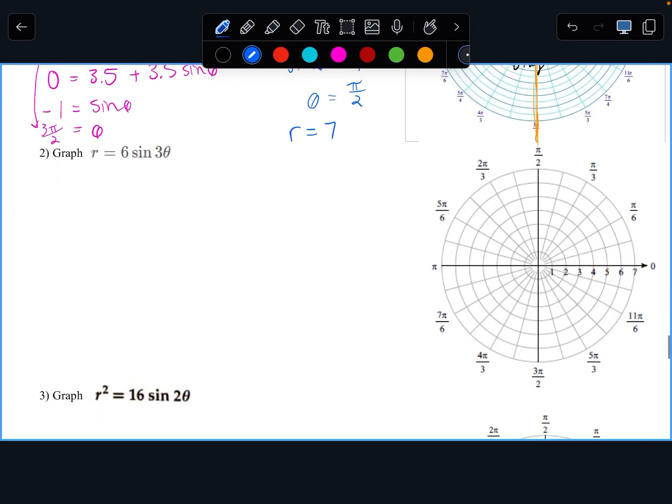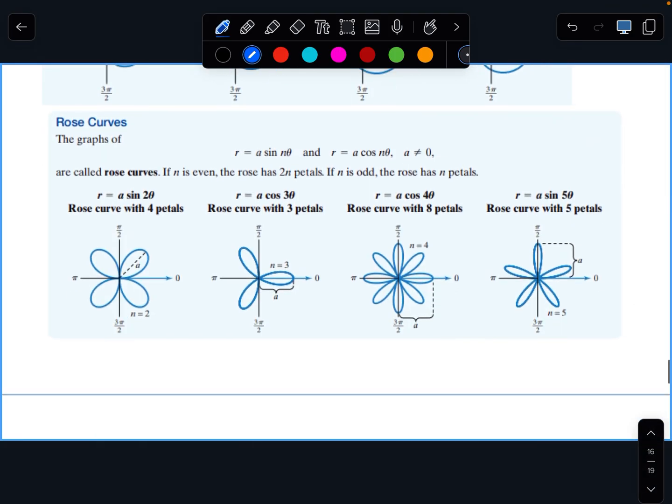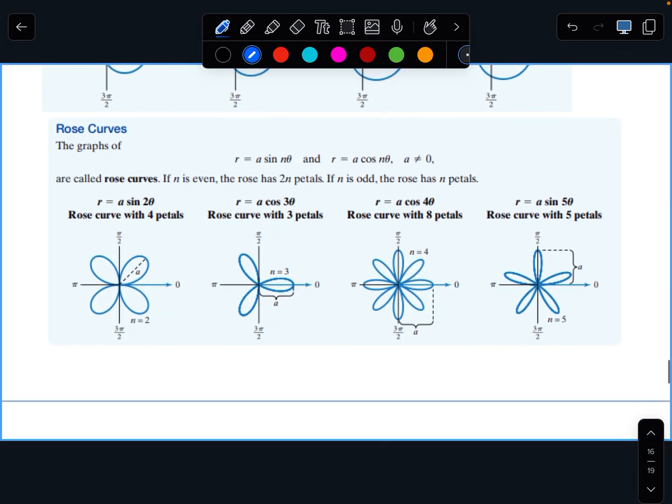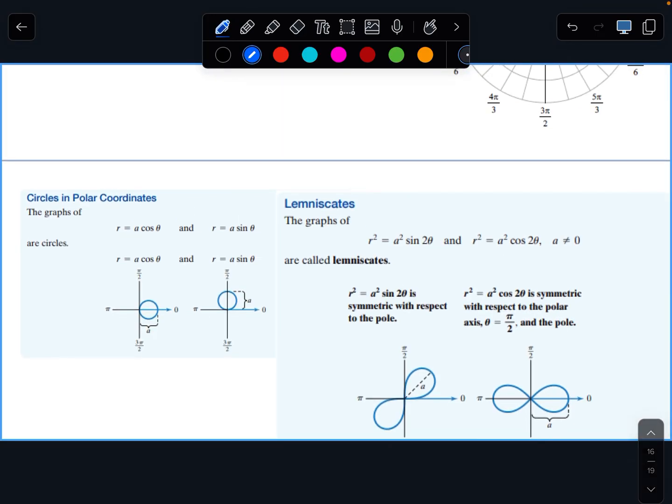So moving on to something like this guy. When you're looking at this equation, you should say roses. You should look at that and know it's roses. I do have all the different ones in this packet and on your little mini packet, so you can have all of that here.